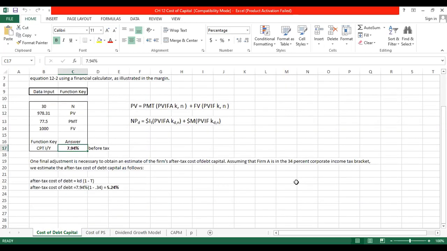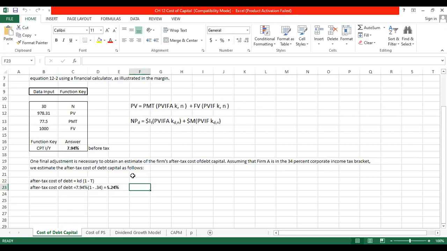So in here, we want to know the value after taxes. One final adjustment is necessary to obtain an estimate of the after-tax cost of debt, assuming that firm A pays 34% corporate tax. So this is the equation for the after-tax cost of debt. Based on this, your value is 5.24%.